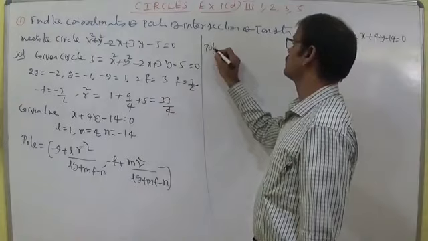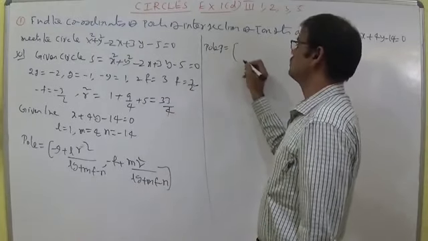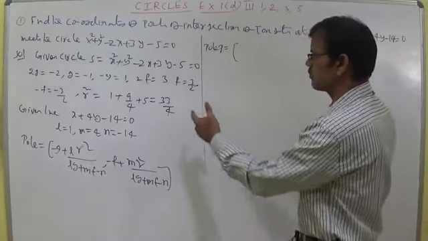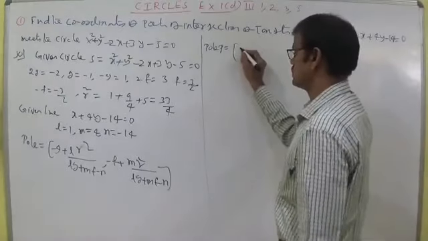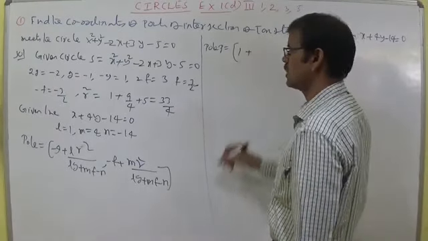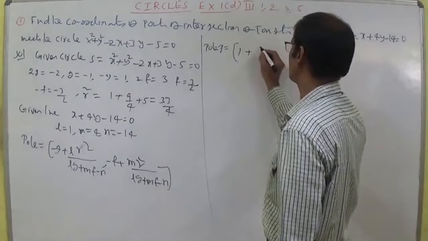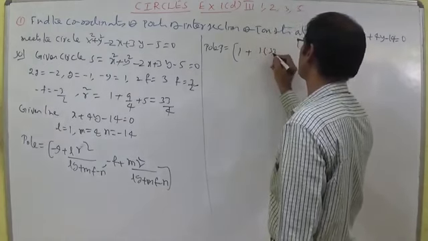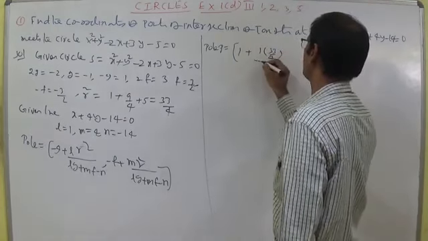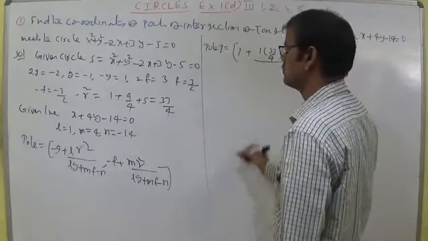Pole P is equal to: the value minus G is 1 plus LR square, L means 1 into R square means 33 by 4, whole by LG.